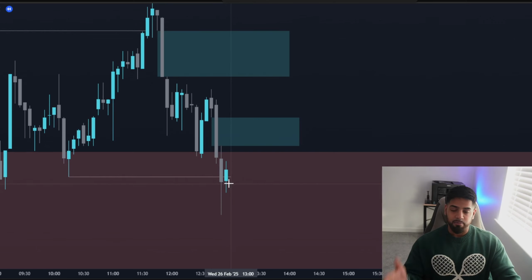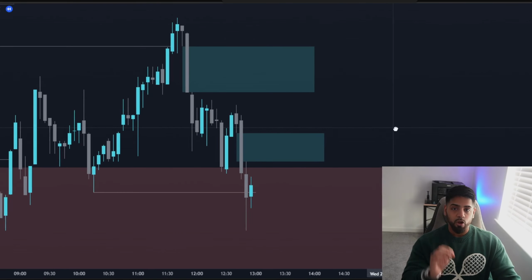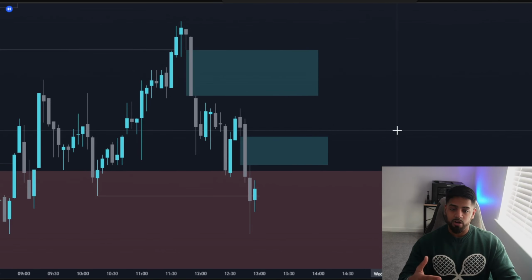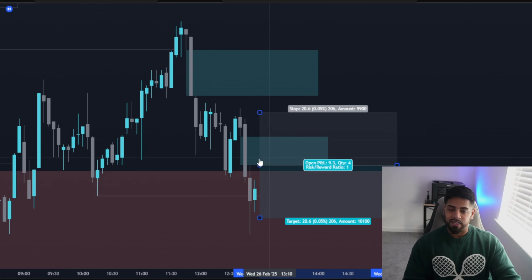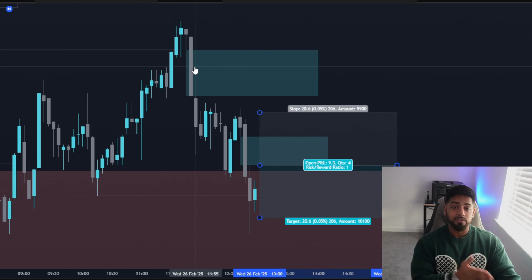We were never offered any buying positions, which left the market in an inefficient state, and it gave us the market structure shift, meaning that there was a lot of volume which came into the market to drive price in the lower direction. So because of that, the fair value gap that caused the market structure shift is always more prominent to me because I know price is more likely to come back up and rebalance this as opposed to the extreme, because the extreme didn't cause the market structure shift.